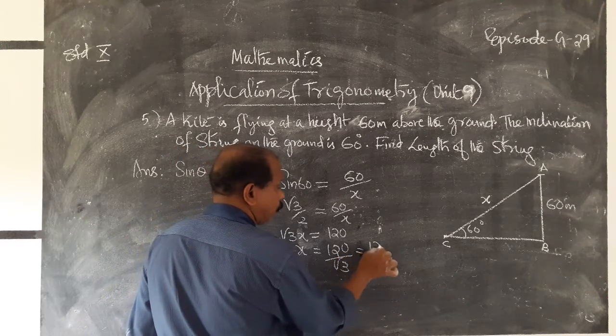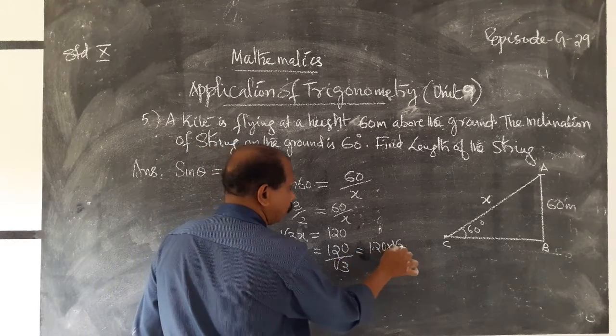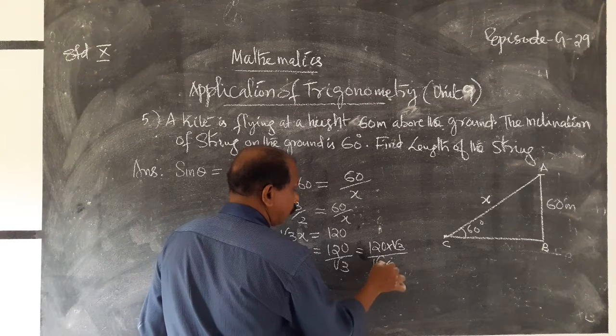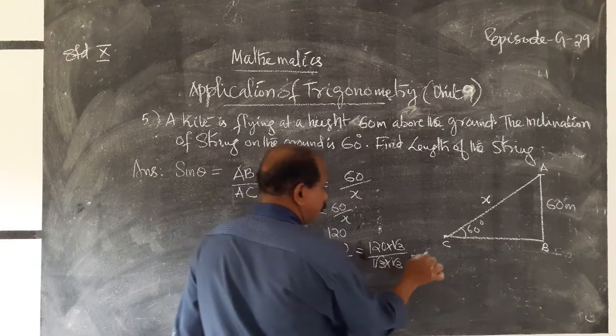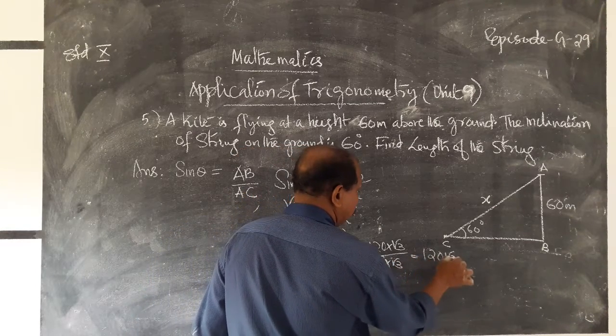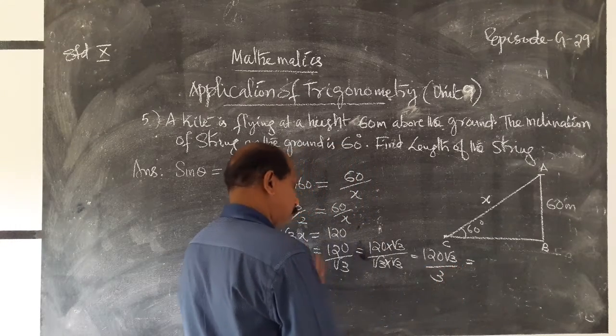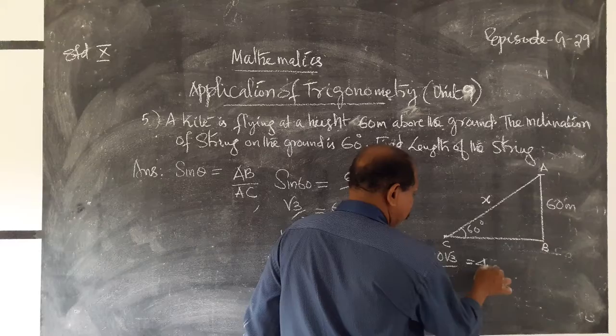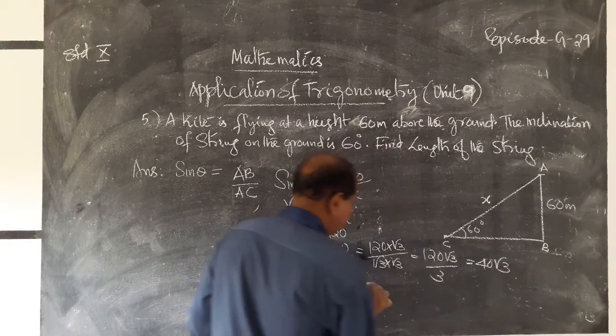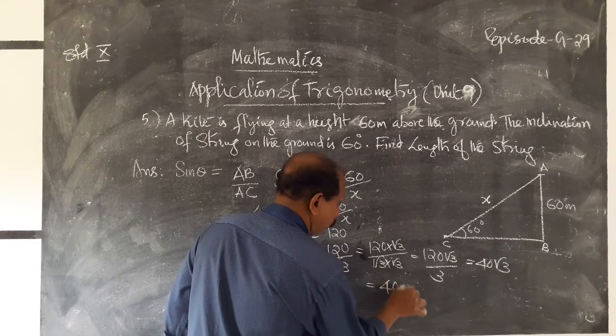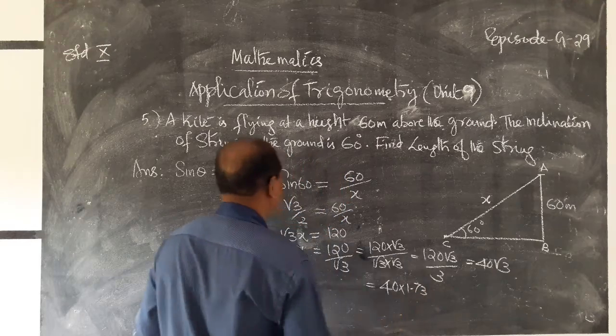That is equal to 120 into root 3 by root 3 into root 3, which is 120 root 3 by 3. 120 divided by 3 is 40. Is equal to 40 root 3, which is 40 into 1.73.